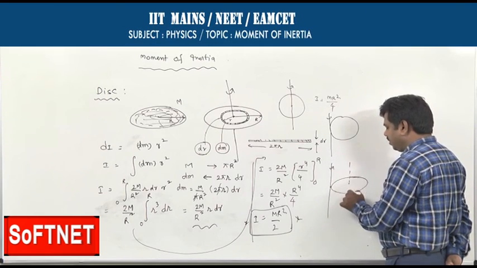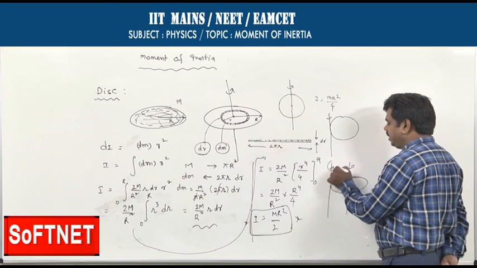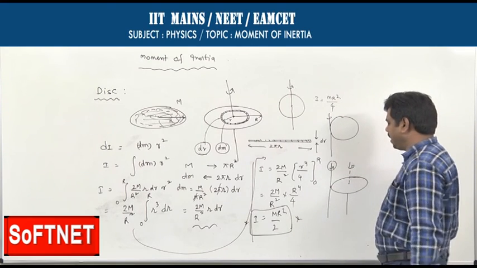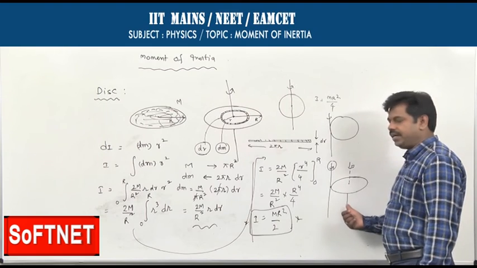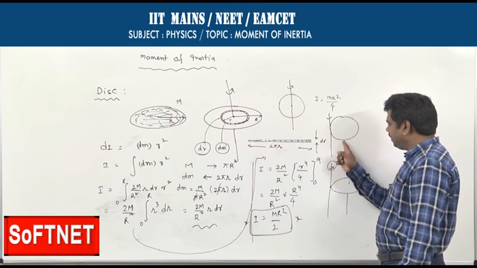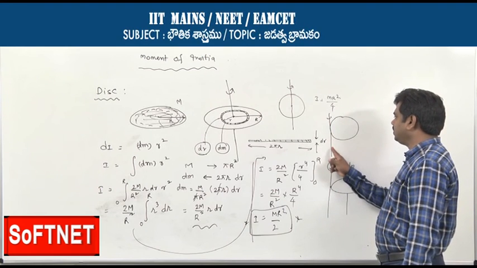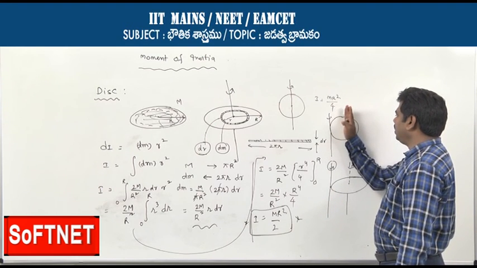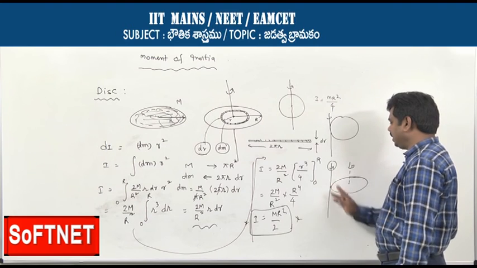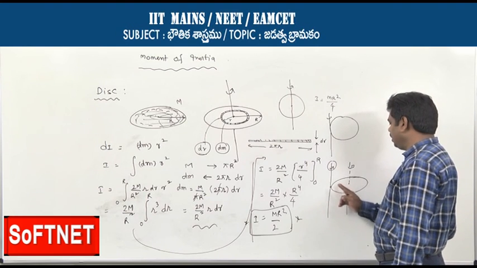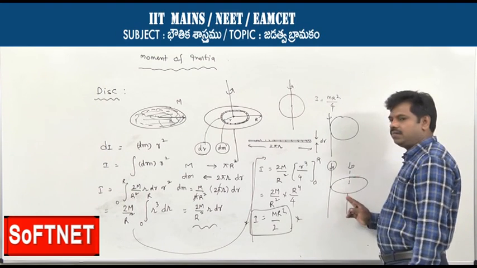Then how to find out this moment of inertia? By applying the parallel axis theorem. Again you can try yourself and get the difference between this situation and this situation. Here the axis is parallel to the diameter, and here the axis is actually normal to the plane of the disk.